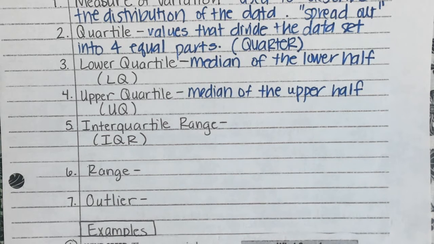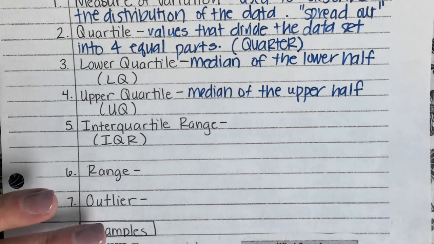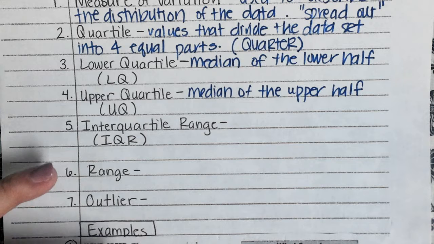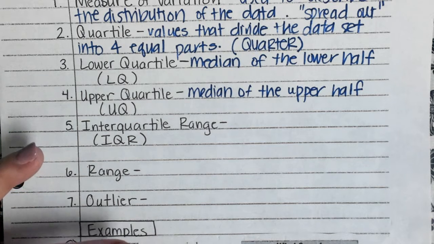Somebody find the interquartile range. Read that one for me, Macy. The range of the middle half of the data is the difference between the upper quartile and the lower quartile. Do you remember what range was from last week?